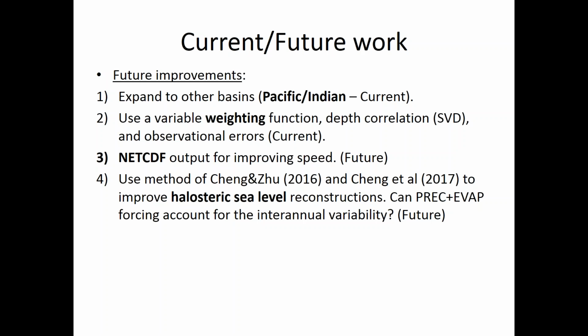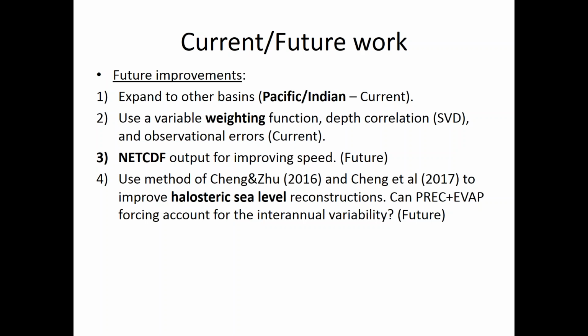What you can see is improving our weighting function, our mapping. Recent works show that the mapping is really important for a global reconstruction, for example, ocean heat content and things like that. We can also have a depth correlation, because right now the correlations are at each different depth, one regression for each depth.